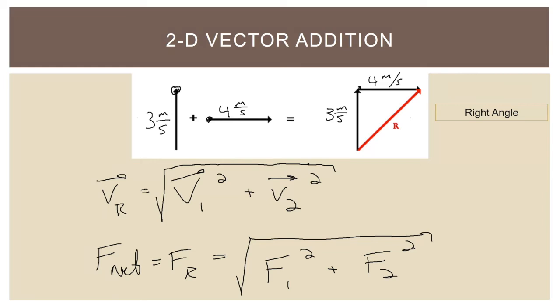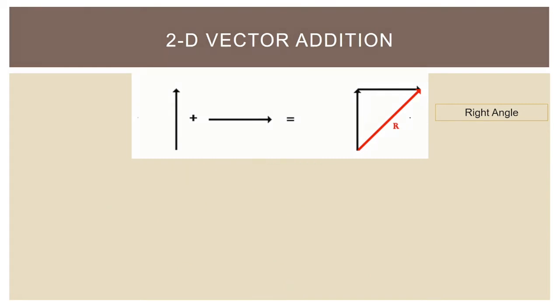Now, notice when we began this discussion of two-dimensional vector addition, I said that there are two possible cases for a two-dimensional vector addition problem. The other case, which I'd like you to sketch, is when the two vectors are not at right angles.